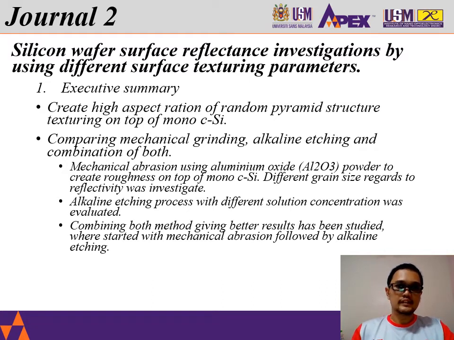The mechanical grinding abrasion uses aluminum oxide, Al2O3, powder to create roughness on top of the surface of monocrystalline silicon.